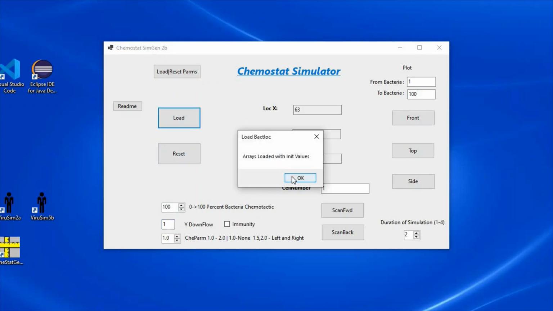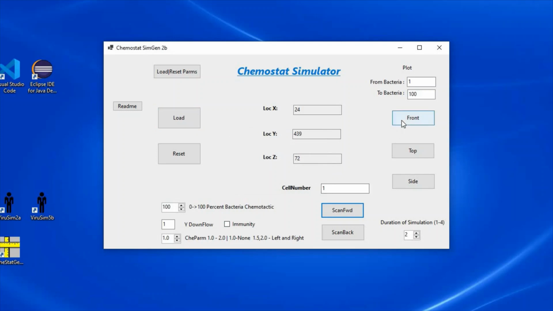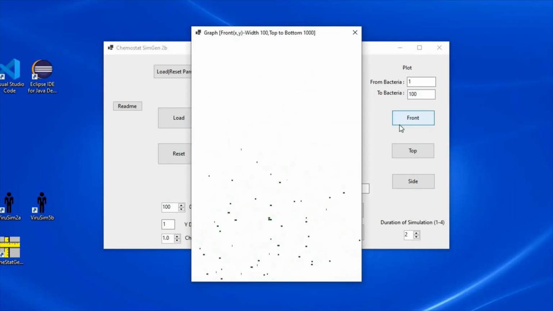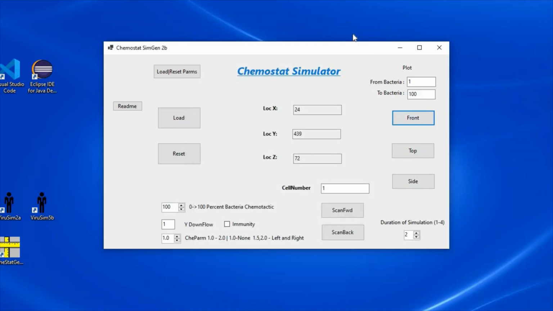We load it, and then we look through the front. And as you can see, they're going down with no chemotaxis. So as you can see, with different simulations, with different settings, you can look at the bacteria and see how they act in the simulation.